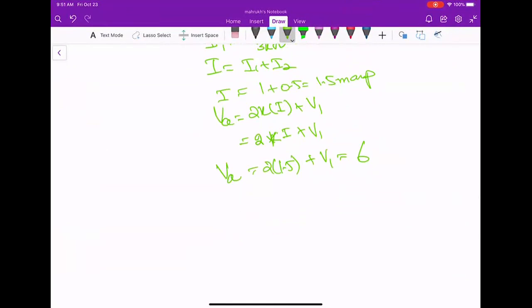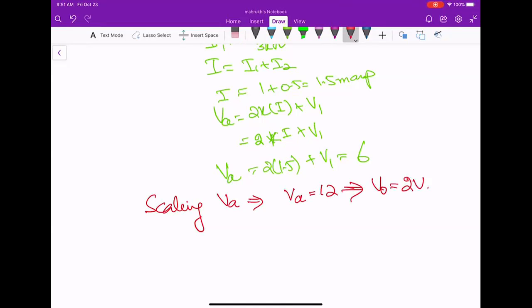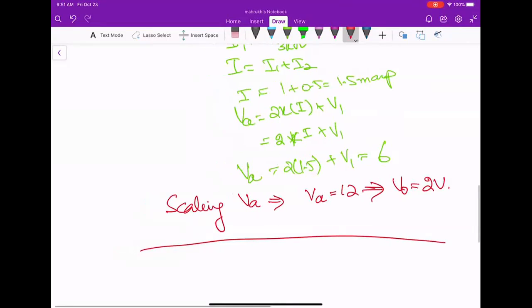Making VA 12 volts means that your V naught is 2 volts actually, because of the linear property of the linear circuits. Sounds good? Makes sense?